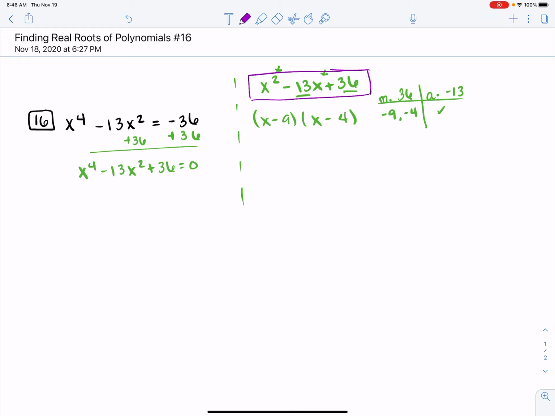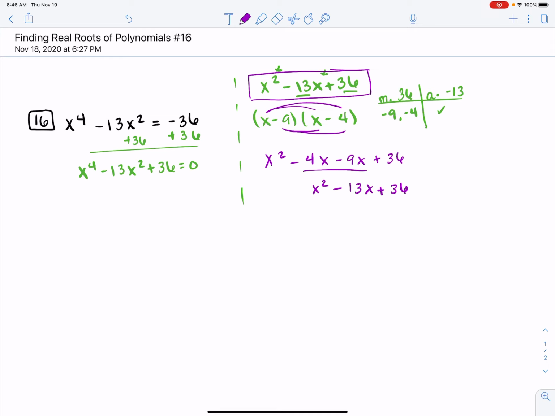So x times x is x squared. X times negative 4, negative 4x. Negative 9 times x, negative 9x. Negative 9 times negative 4 is positive 36. If you combine your like terms, x squared minus 13x plus 36. So that's why x minus 9 and x minus 4 are factors of x squared minus 13x plus 36.